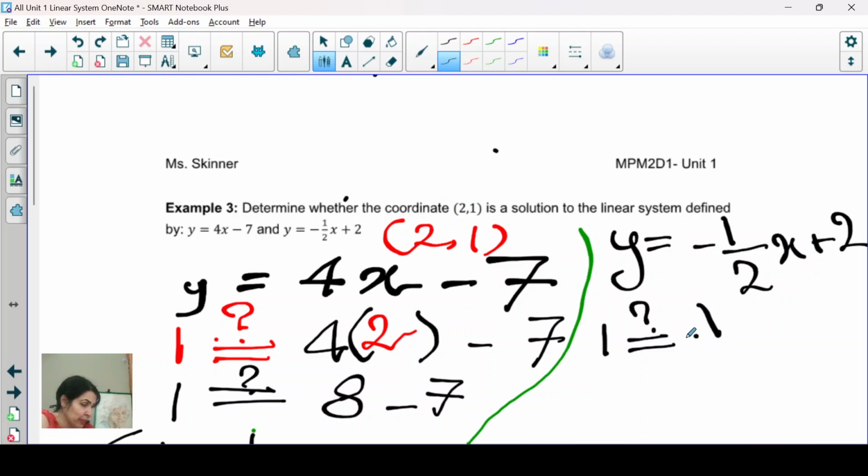1 equals negative 1 over 2, instead of x put 2, plus 2. Is the left side equal to the right side?